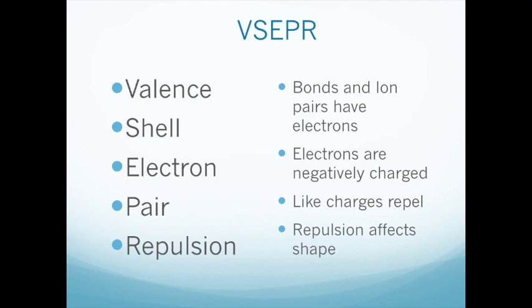It treats electron pairs as being distinct units that repel one another, and it talks about the way that the repulsion affects the shape. Bonds have electrons in them, lone pairs have electrons in them. Electrons are negatively charged. Charges that are alike repel one another, and this repulsion affects the shape.